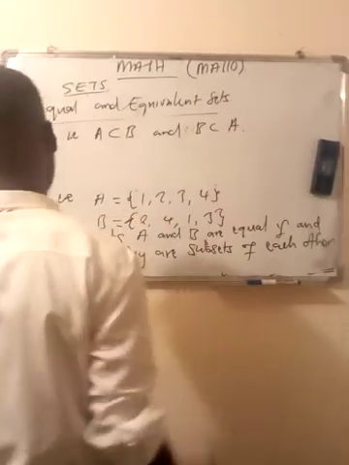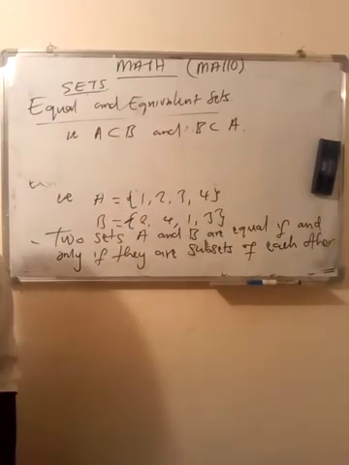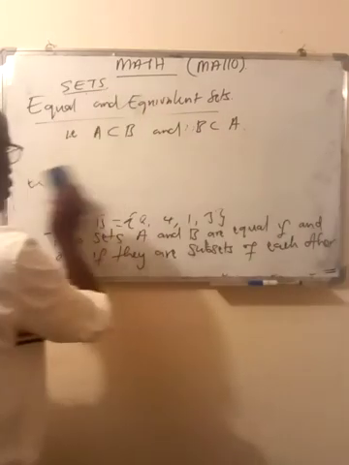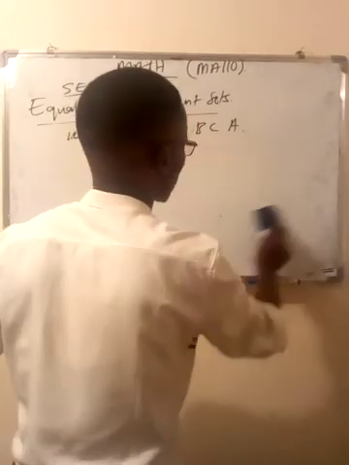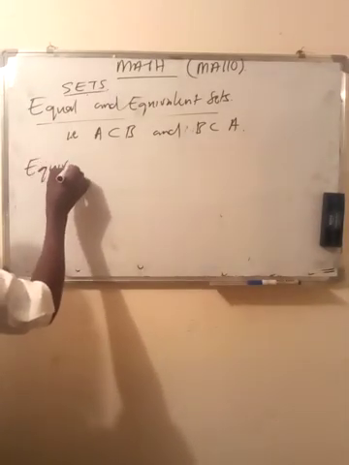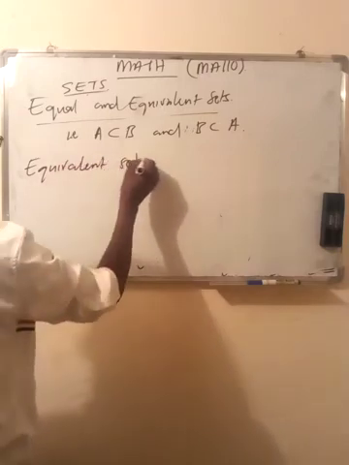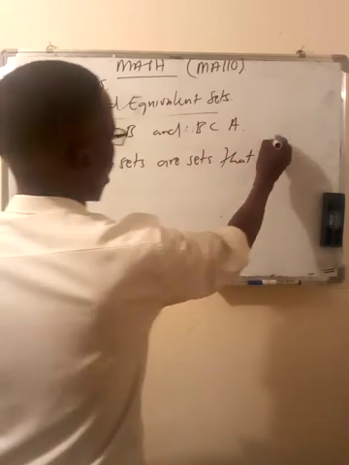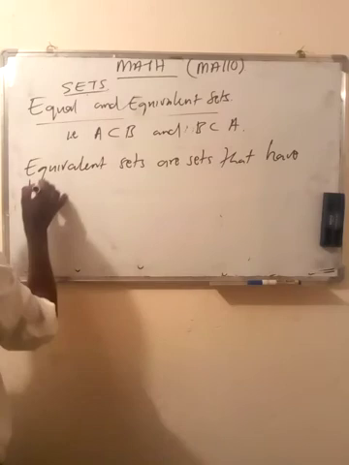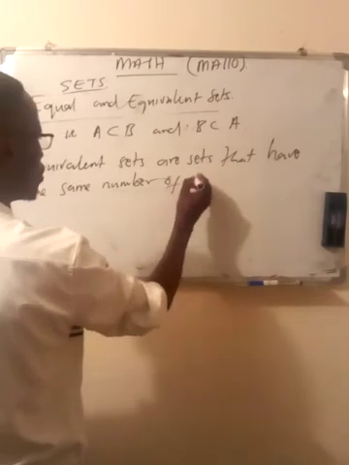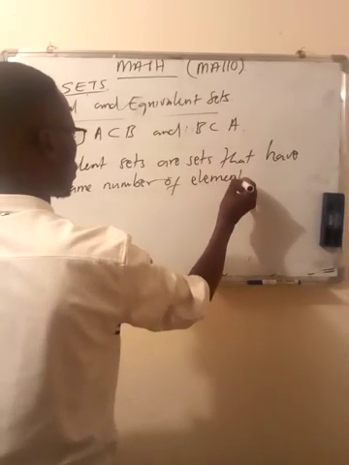Then let's look at equivalent sets. Equivalent sets are sets that have the same number of elements, irrespective of the type of elements.